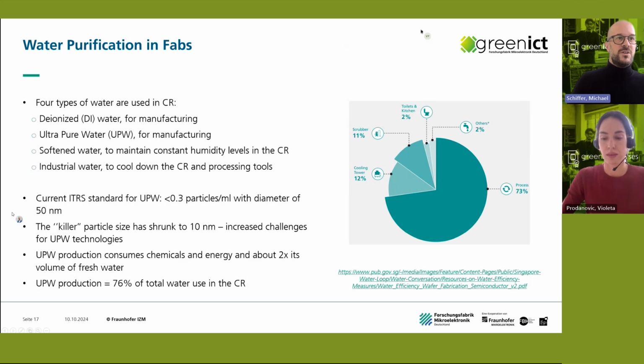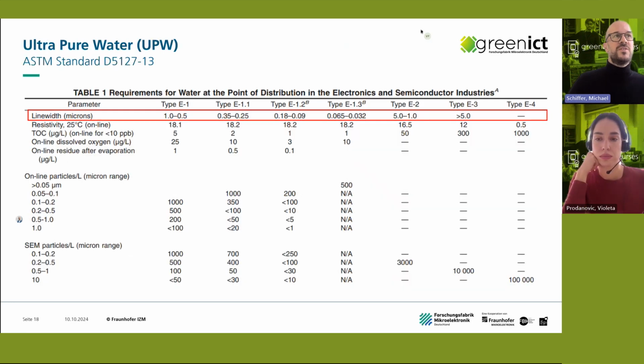I will have on the next slide the ASTM standard for different water types, and you can see that water type E has different levels, water type E1, I have to say, and they also directly say what kind of line width they see possible with that. So in our case, we have water quality like this. We have 18 mega ohm resistivity.